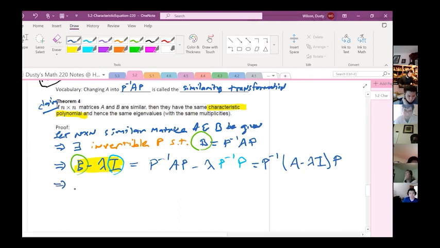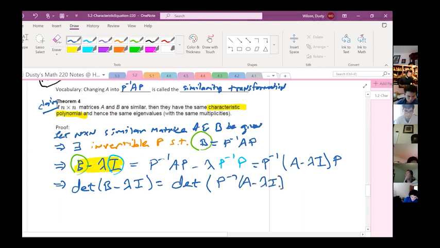So this tells us that the determinant of B minus lambda I is equal to the determinant of P inverse times A minus lambda I times P. And I'm hoping you remember what we can do with the determinant of a product.